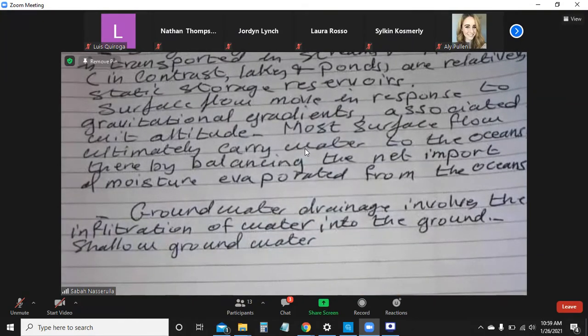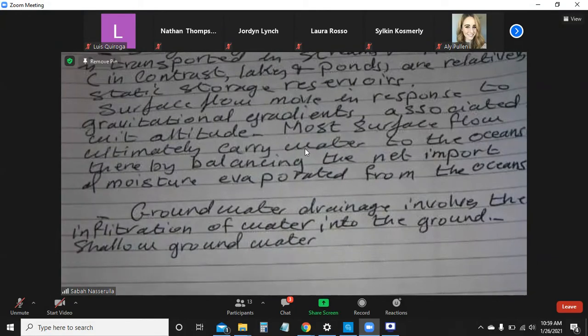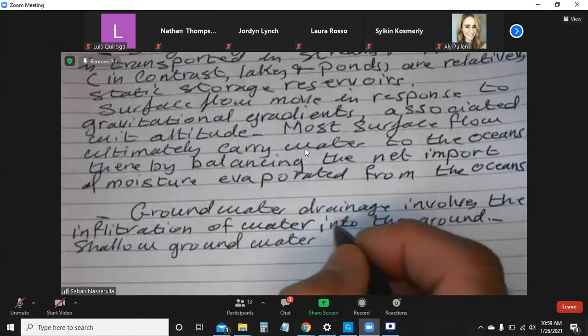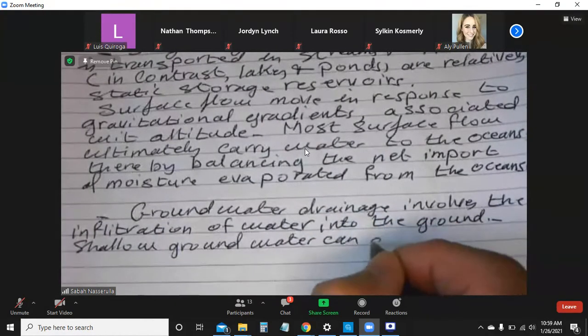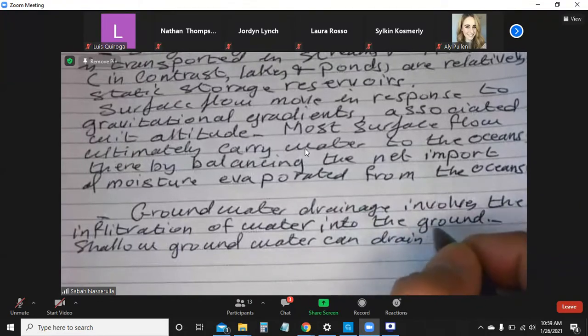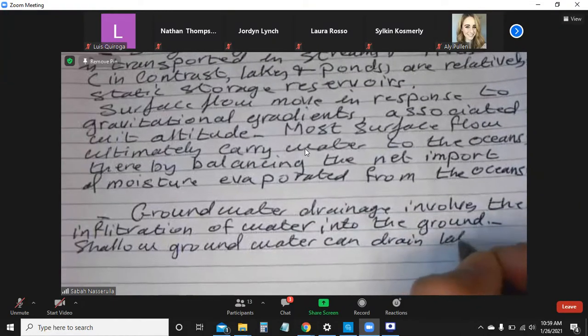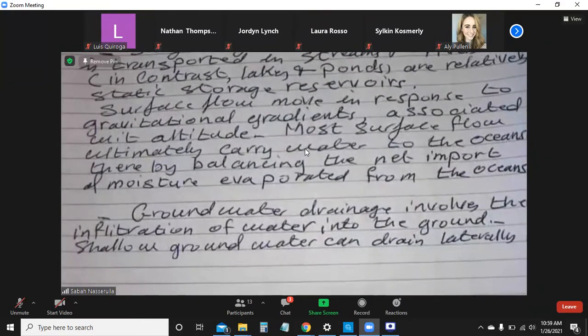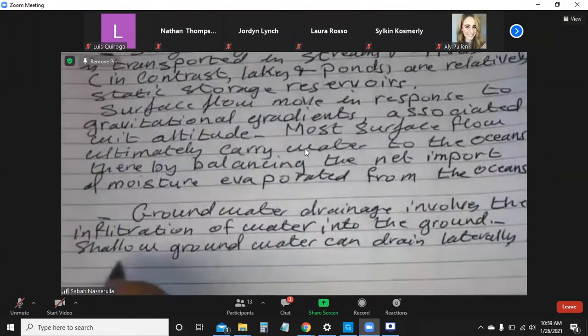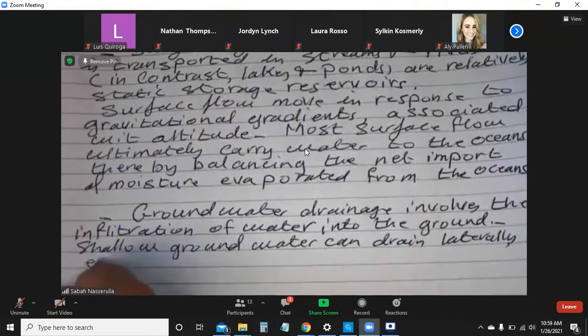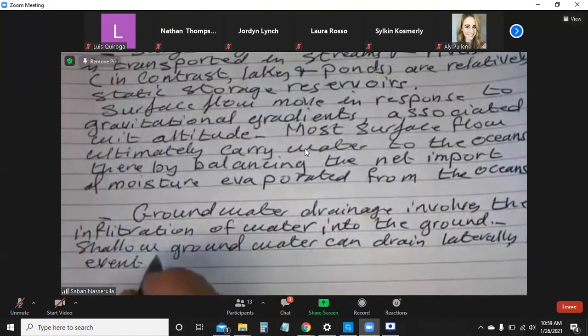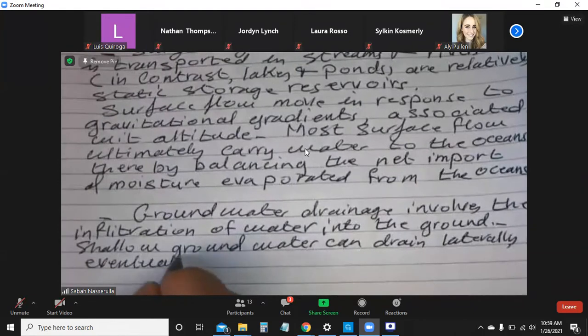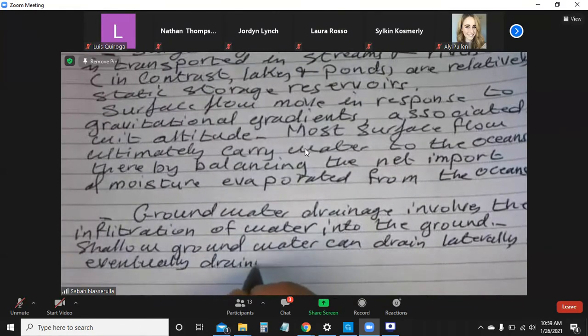Shallow groundwater can drain laterally, and eventually drain into the surface water.